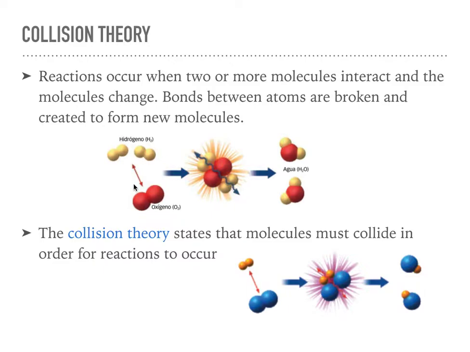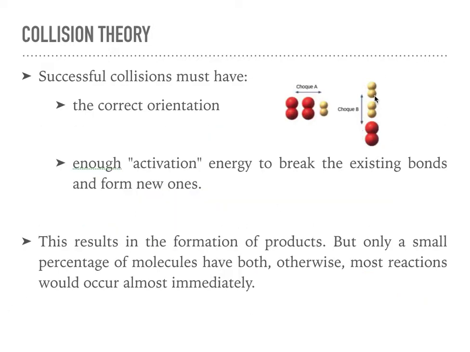The molecules need to have the right energy, that is, they have to move rapidly enough, and also they have to have the right orientation, like these ones, not like these ones, because here they're going to collide, but they are going to bounce back and nothing is going to happen. So if these two factors happen, then we are going to have products.